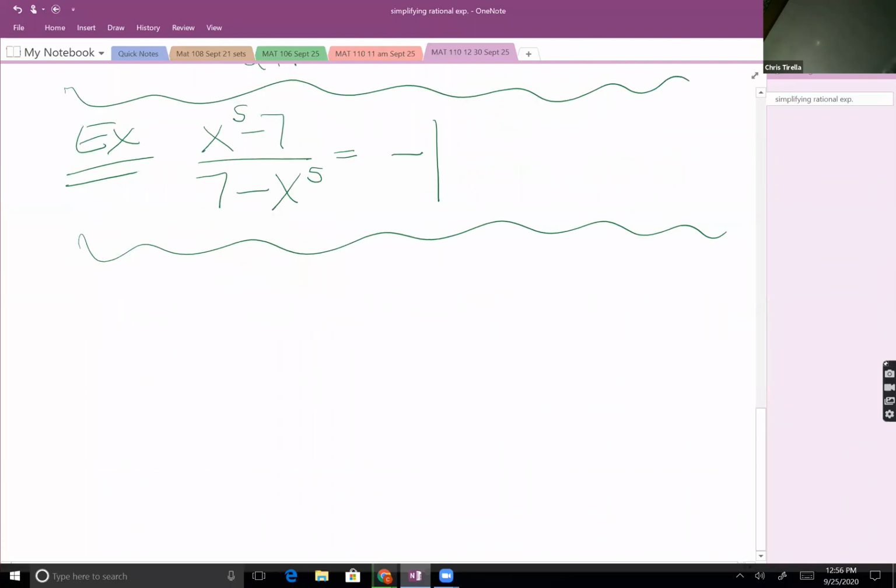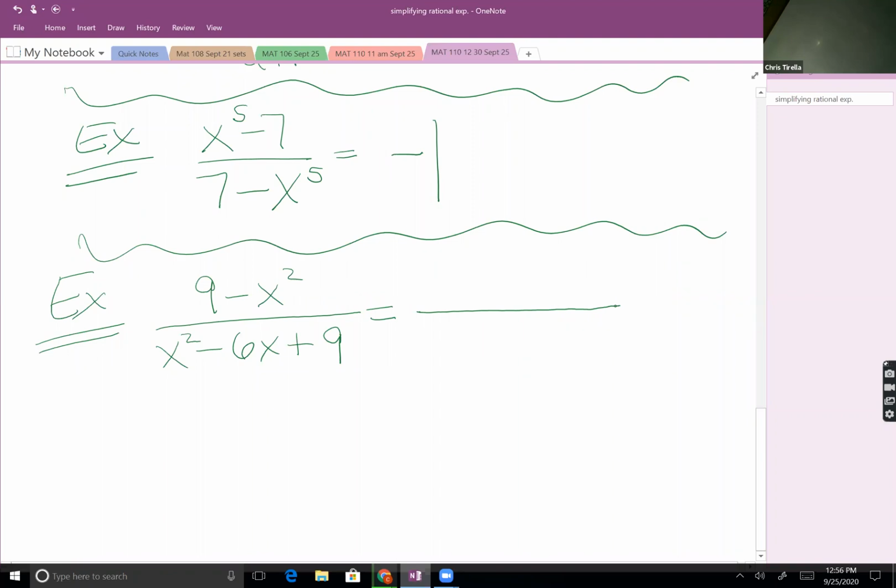And so if I look at another example, let's say I have 9 minus x squared over x squared minus 6x plus 9. Can anybody factor that numerator for me, 9 minus x squared?